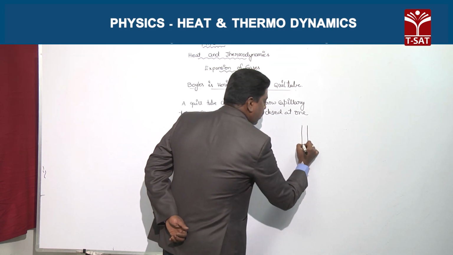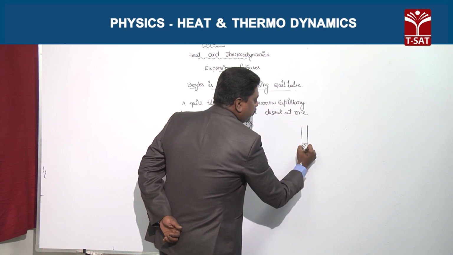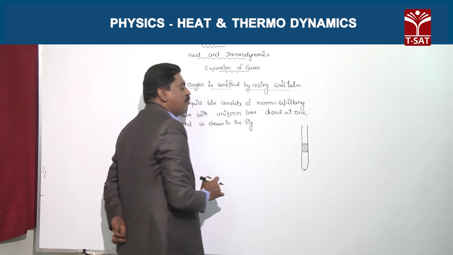A mercury pellet is introduced into the tube and air is trapped near the closed end.